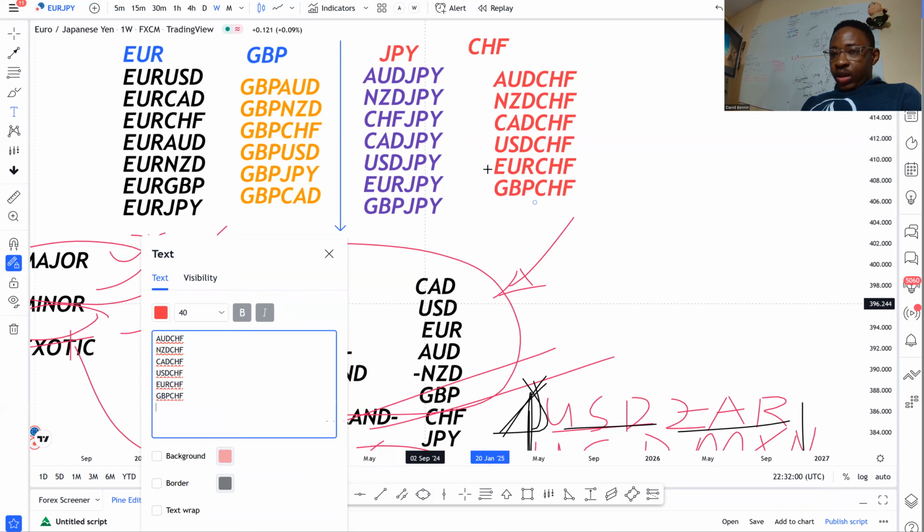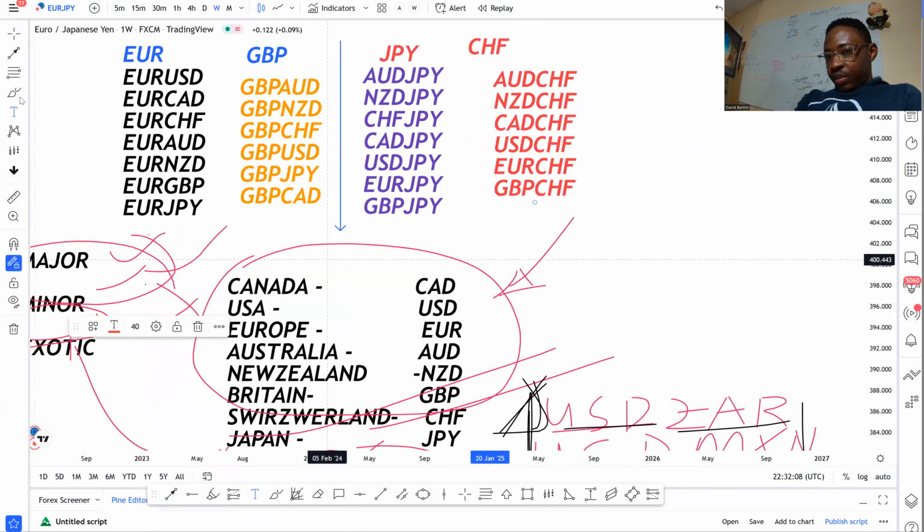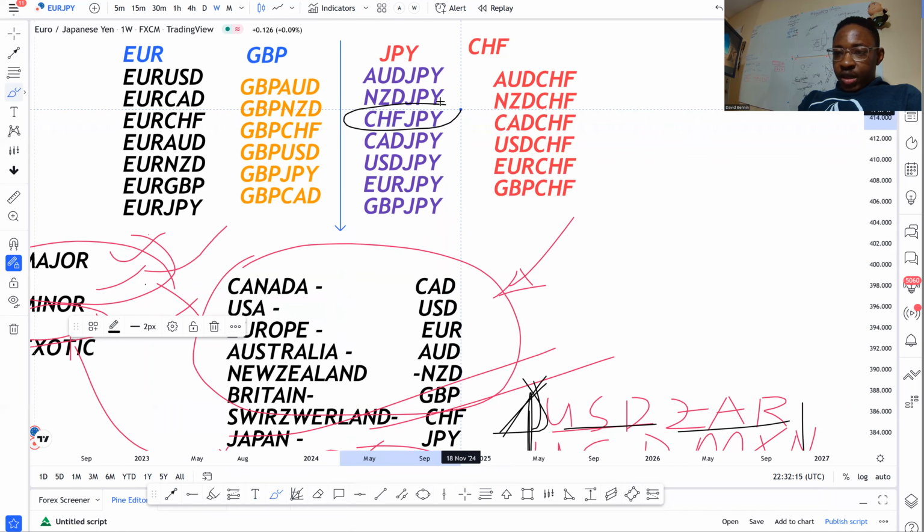And this is also one exception. So the exception here is the only time the Swiss franc would be the first currency is when it is paired with the Japanese yen. So here, like you can see here, when the Swiss franc is paired with the Japanese yen, the Swiss franc becomes the first currency. That's the only exception.